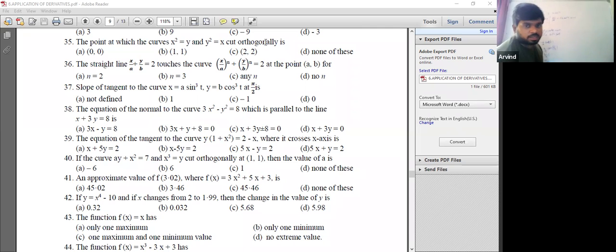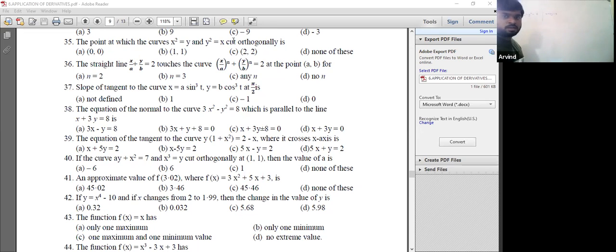Let me write the question again. The curve is 3x square minus y square equal to 8, which is parallel to the line x plus 3y is equal to 8.